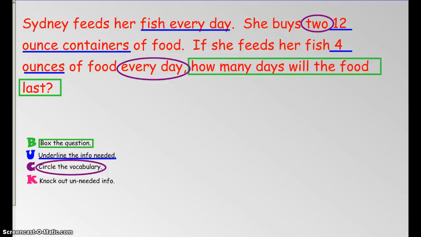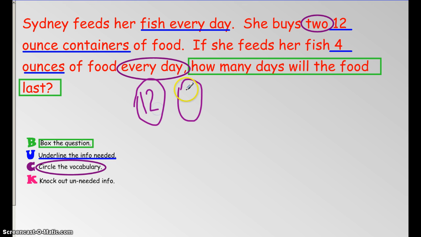Okay, boys and girls, now it's time for us to solve this problem. Okay, so the first thing I know is I'm just going to draw a little sketch because I know that she bought 2 containers. And how big were those containers? 12-ounce containers. So how many ounces in this container?